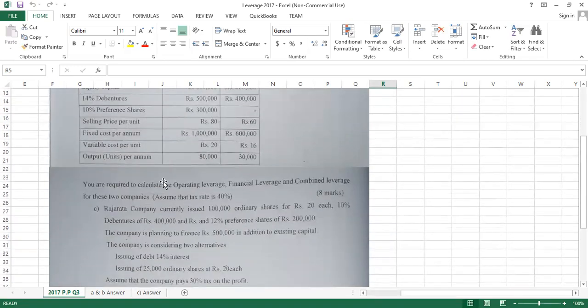They ask, you are required to calculate the operating leverage, financing leverage, and combined leverage for these two companies. Assume the tax rate is 40%. Let's see how to calculate the operating leverage, financing leverage, and combined leverage.